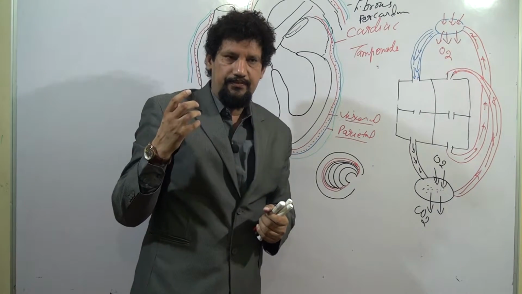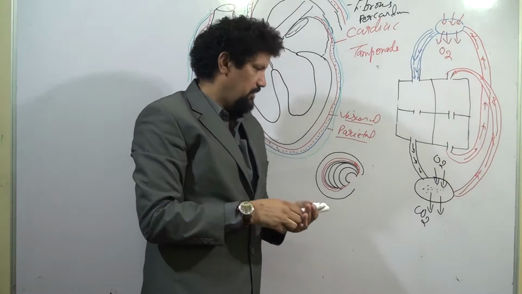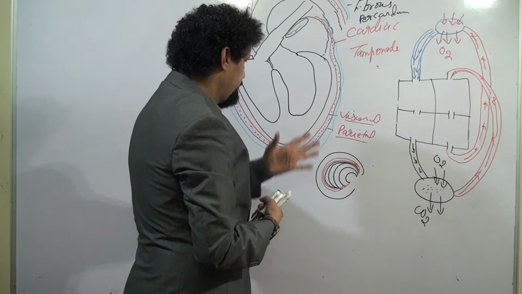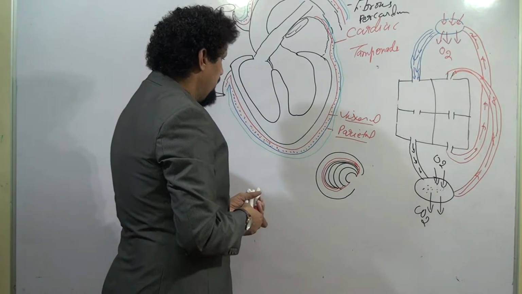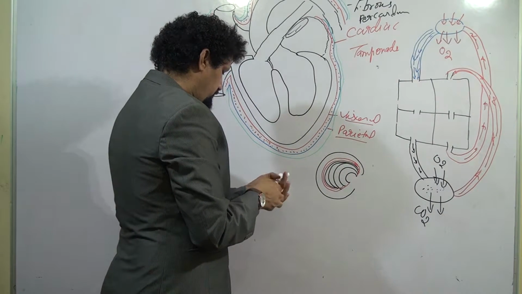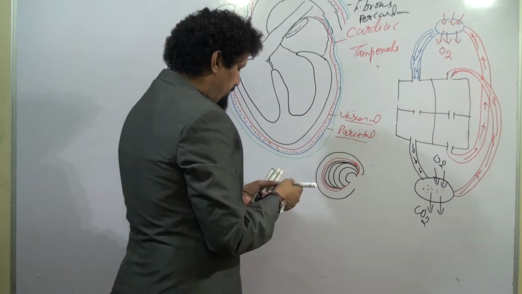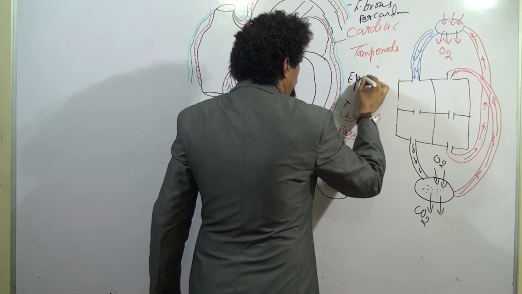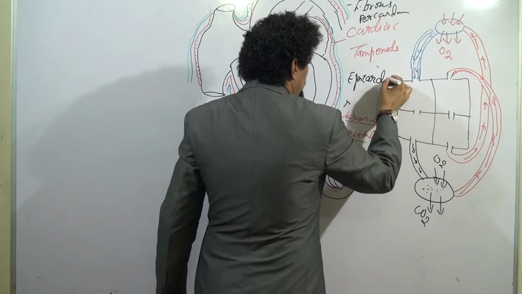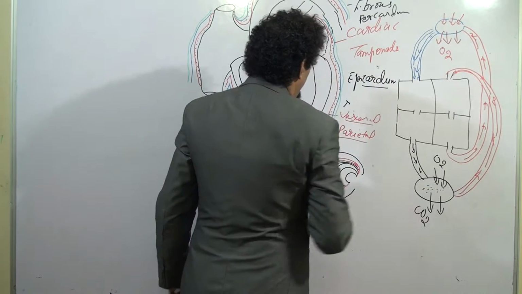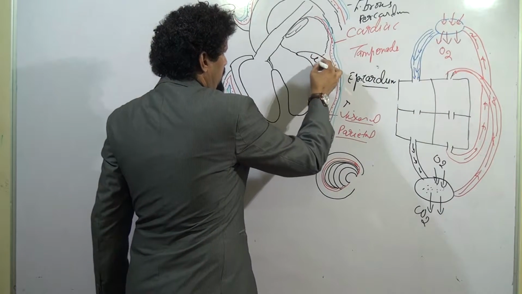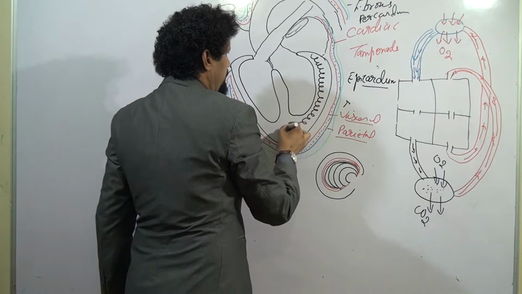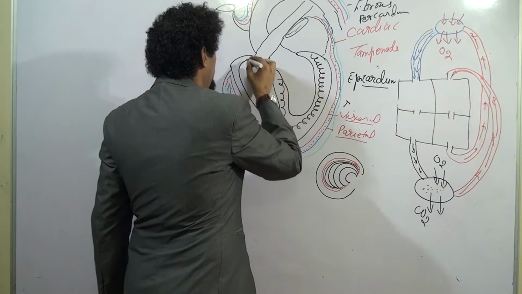The heart itself has 3 layers. The visceral layer of serous pericardium is known as the epicardium. The middle layer formed by the cardiac muscles is known as the myocardium.